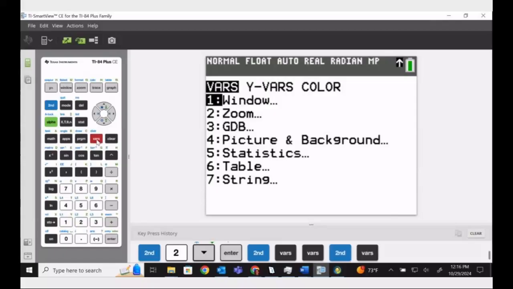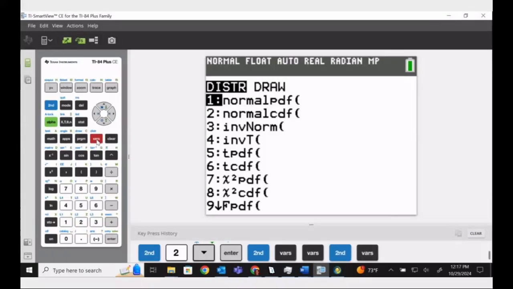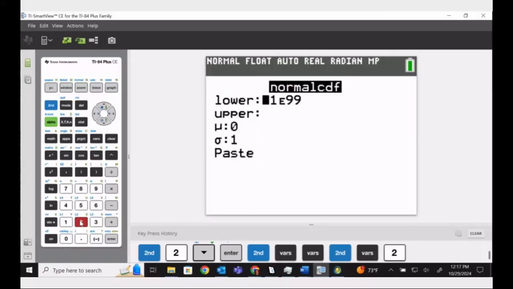If you look right above the key that says vars, in little tiny letters, the same color as your second key, it says DISTR for distribution. This is where we go to find these different distributions. We want normal CDF, which is option number 2.